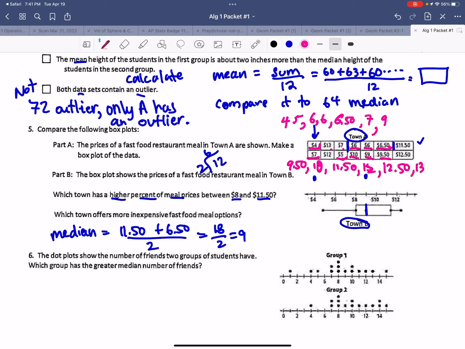Okay. So how can I make a box plot? Halfway in the middle is 9.25. All right. So halfway between 9 and 9.50 would be 9.25. Okay, so that would be slightly different. So the median is 9.25.